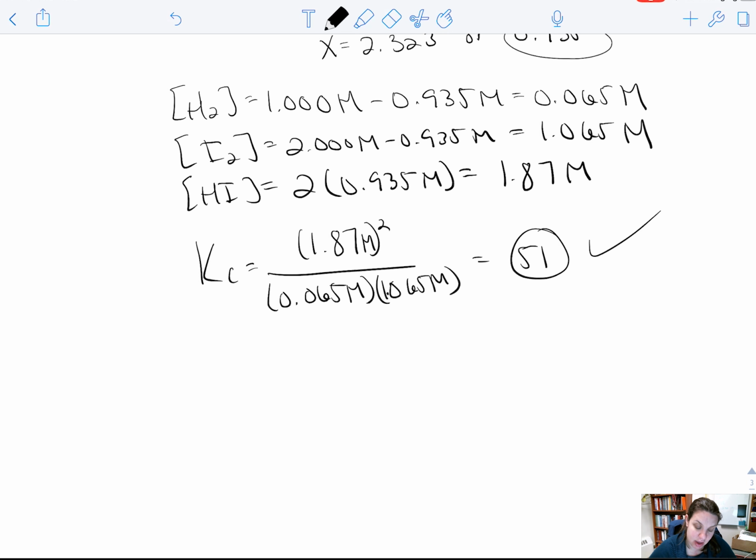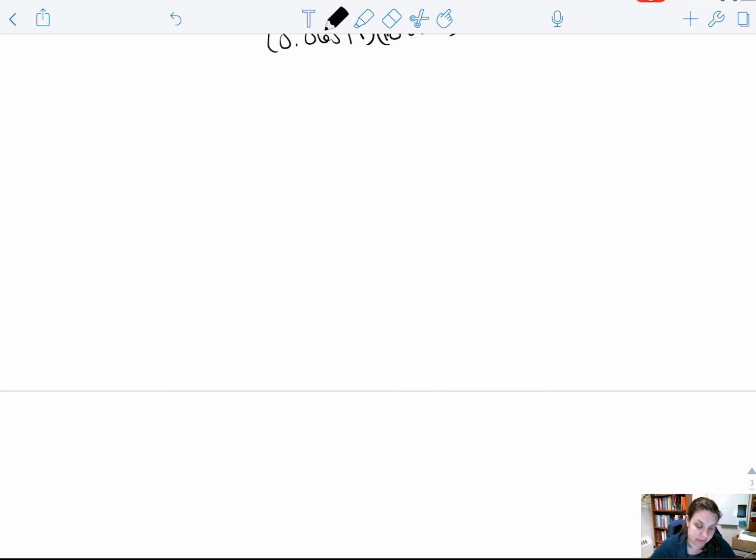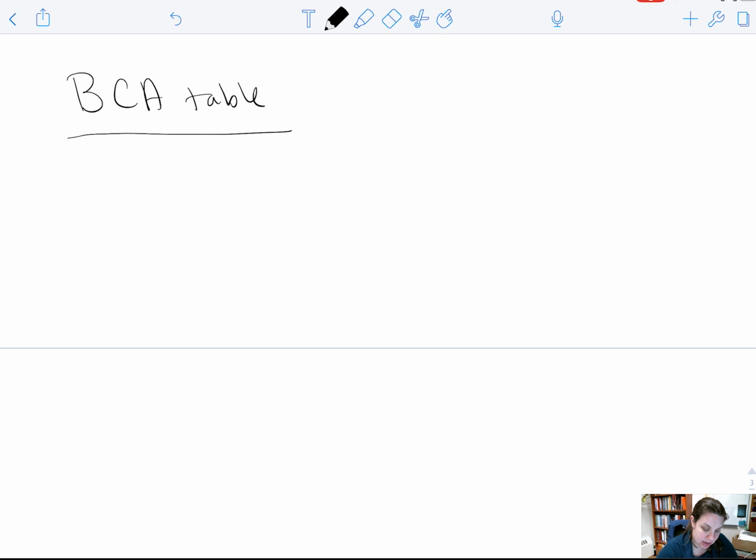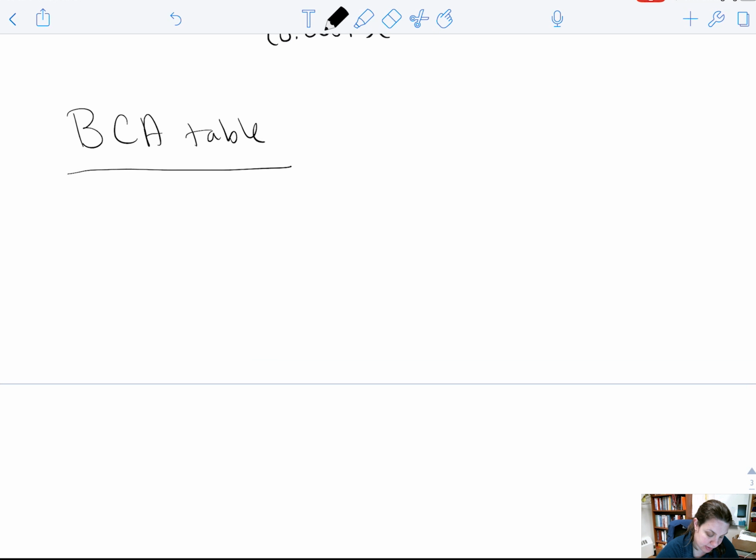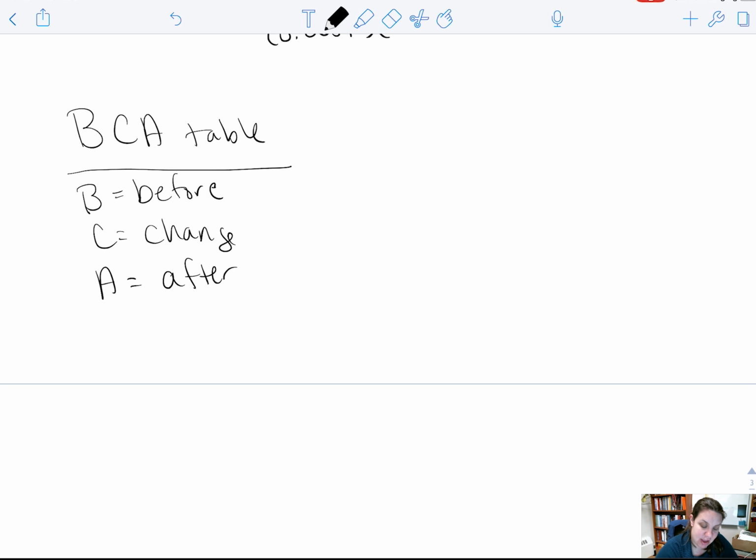Okay. Another thing you guys are going to be seeing in lab is something called a BCA table. So I wanted to hit on this real quick. In a BCA table, B is before, C is change, A is after. Original, I know.